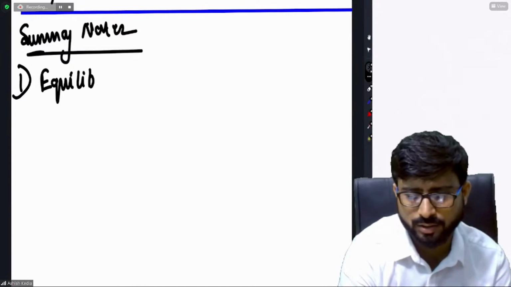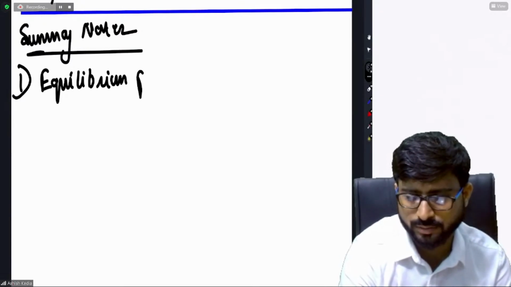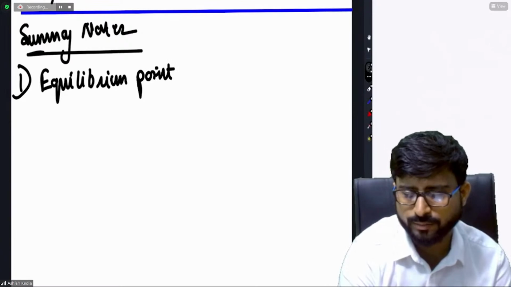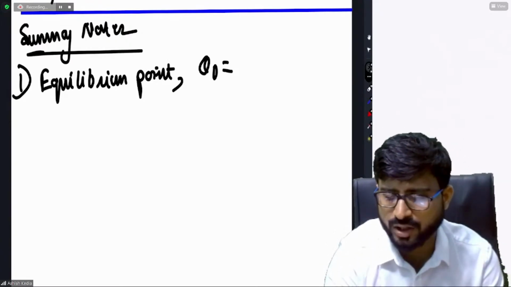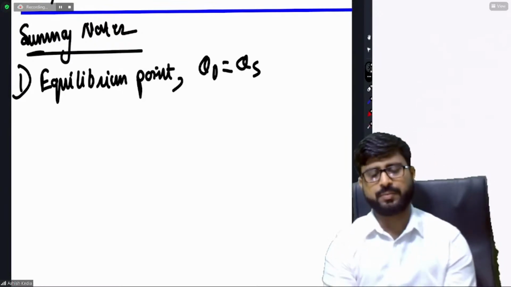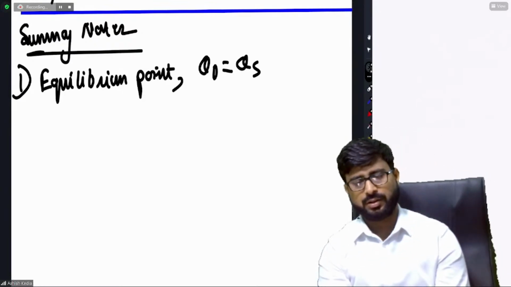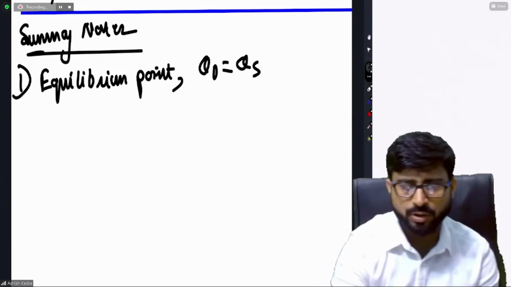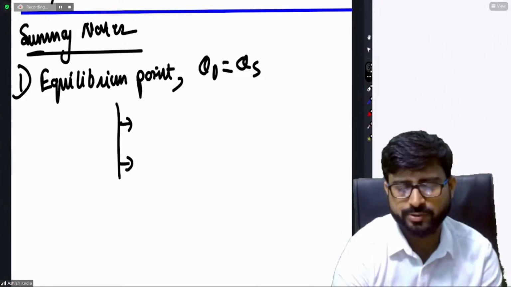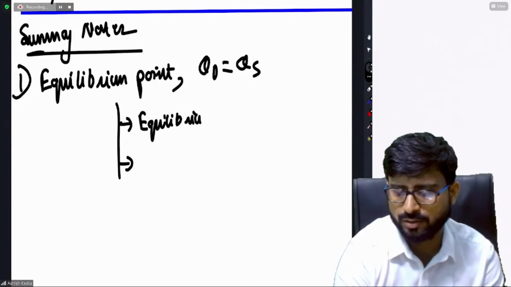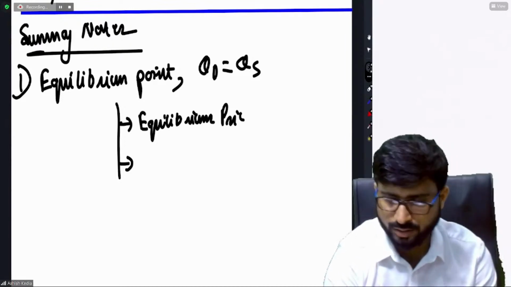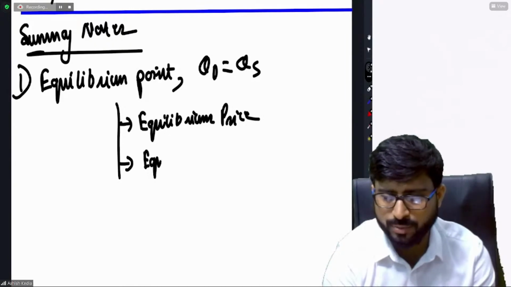Equilibrium point is the point at which quantity demanded equals quantity supplied. And equilibrium point has two concepts: equilibrium price and equilibrium quantity.